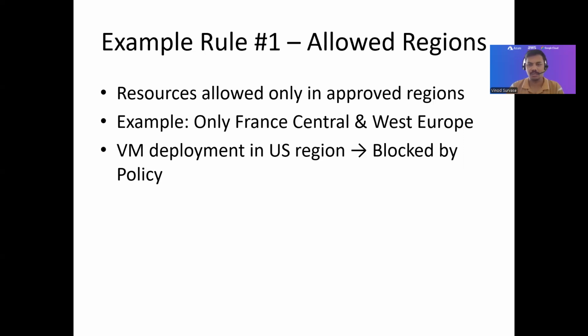If they do that, they are compliant as per the policy and the governance requirements, and that is why we as an organization are going to enforce the same. For example, we are allowing only France Central and West Europe regions, but not any other regions, and someone tries to create a VM or any service in a different region altogether, which is not allowed by the organization and the policy.